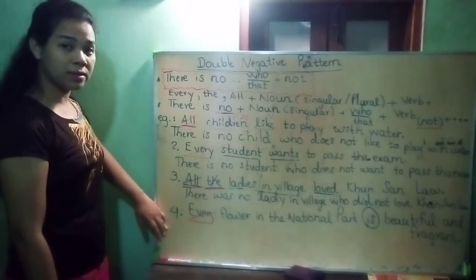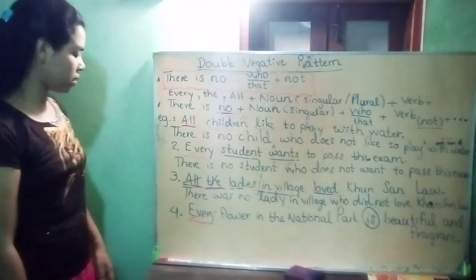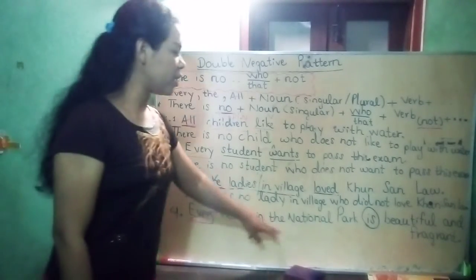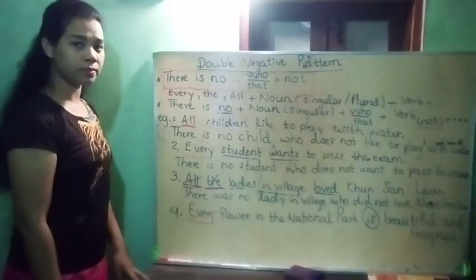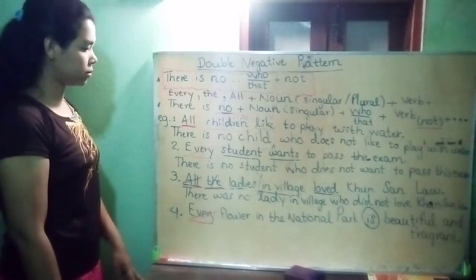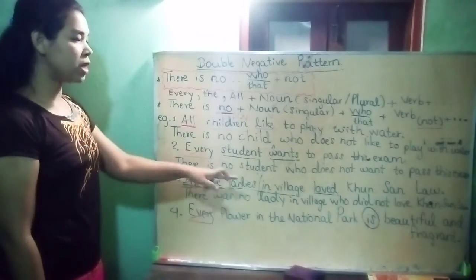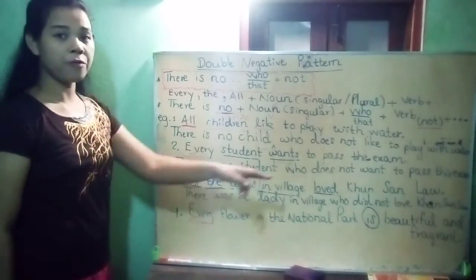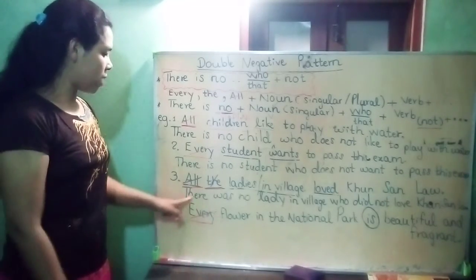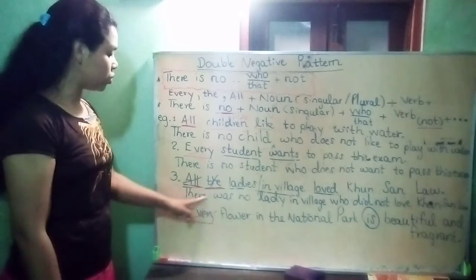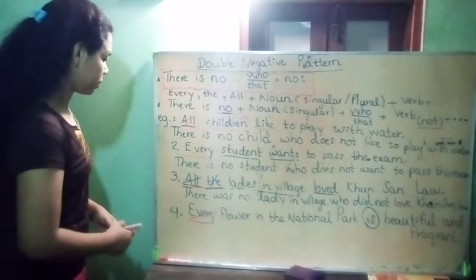So the last one is number 4. Every flower in the national park is beautiful and fragrant. So, firstly, every is a determiner, so you need to eliminate every.